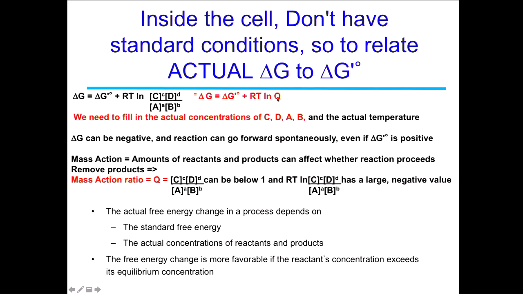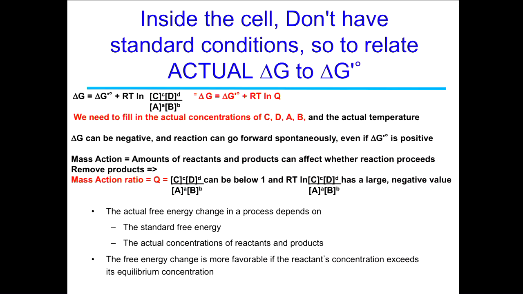This is Q, okay? So Q is our mass action ratio. Kind of looks like what we had before, but it's different. This is going to be the actual concentrations, whether it's in the cell or in the test tube, of our products C and D and our reactants A and B. And here, remember before we had the 25 Celsius, 298 Kelvin? We're going to put in the actual temperature.